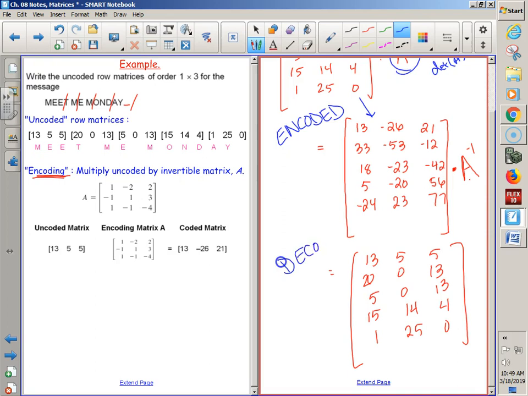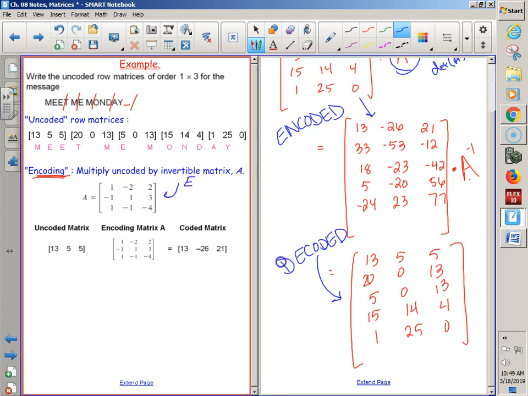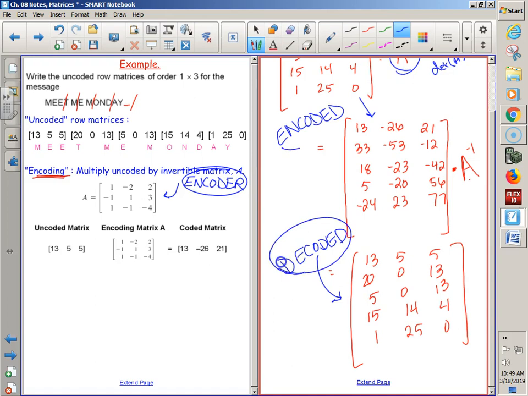Better, you could say the decoded message. And then who is your A? Did you guys hear me say that word enough? He's the encoder. So there's just a little bit of vocab as far as a decoded message, an encoded message, and then an encoder matrix. And then his inverse, well, I guess you could call that the decoder matrix, but that's kind of awkward.